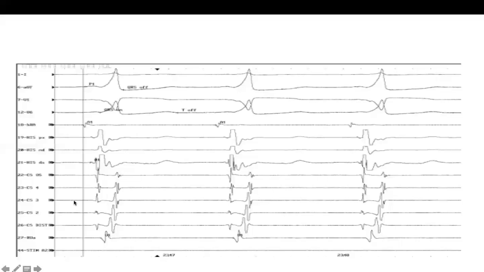Is the HV zero or negative here? You don't have a clear HV here, so maybe it could be negative.